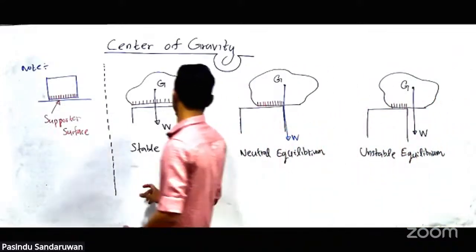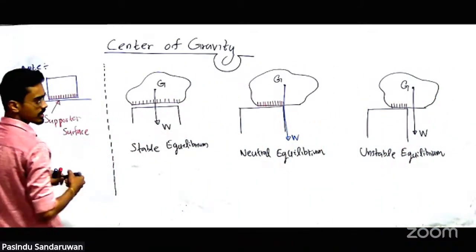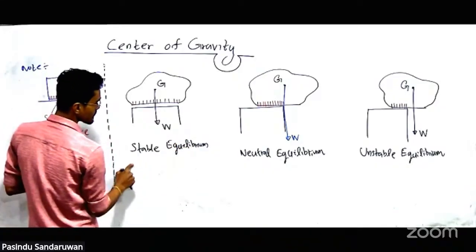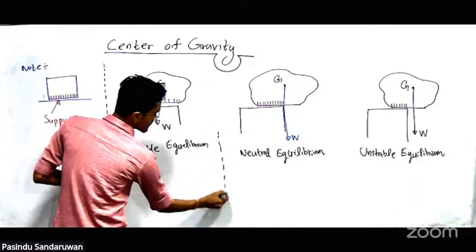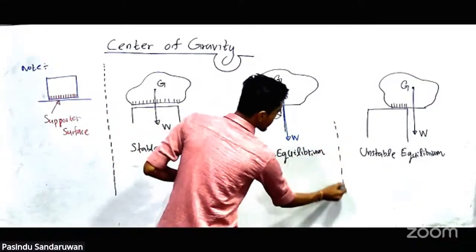Sorry, write this down below the first diagram, below the stable equilibrium. These points are relevant to each diagram like this.